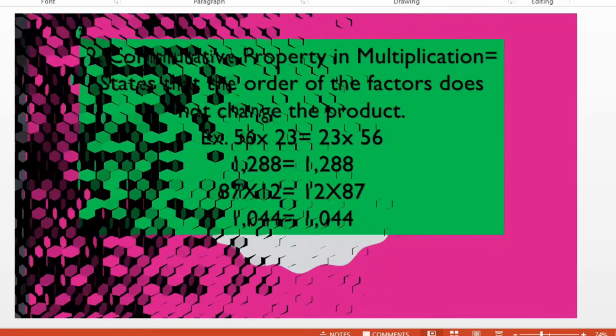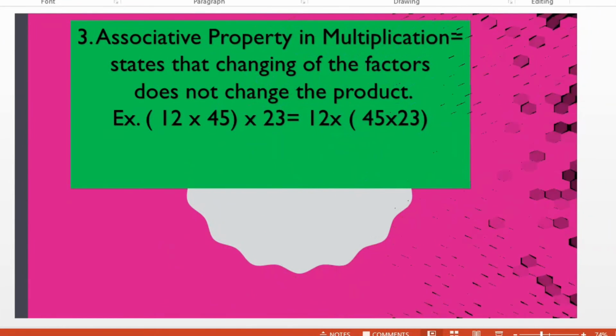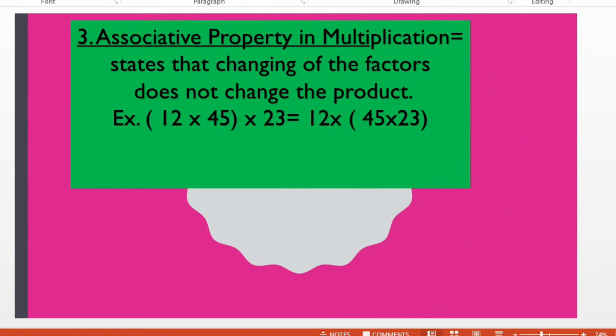Another one is associative property in multiplication. Associative property in multiplication states that the changing of the grouping of the factors does not change the product. So for example, 12 times 45 times 23 equals 12 times 45 times 23.